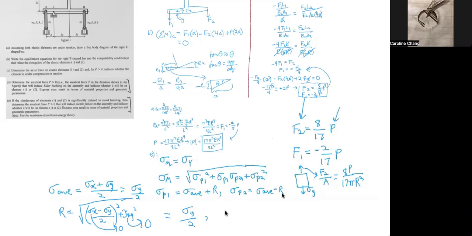And thus, principal stress 1 is equal to sigma average plus R, which is sigma y over 2 plus sigma y over 2, equal to sigma y. And principal stress 2 is equal to sigma y over 2 minus R, which is sigma y over 2 minus sigma y over 2, equal to 0.